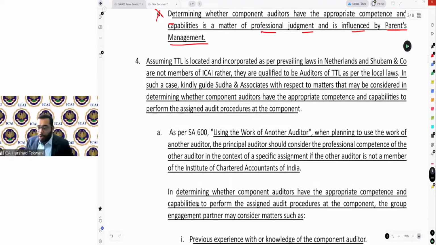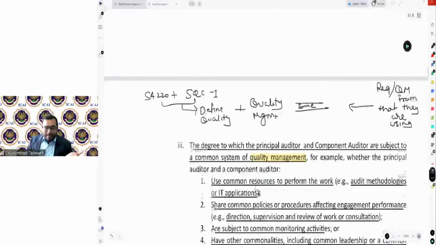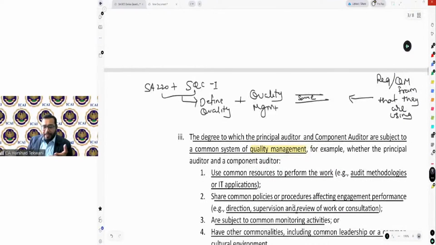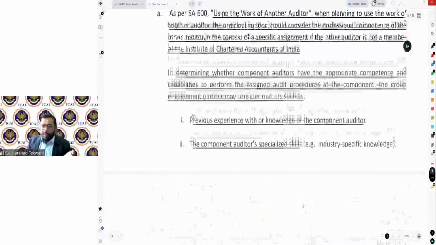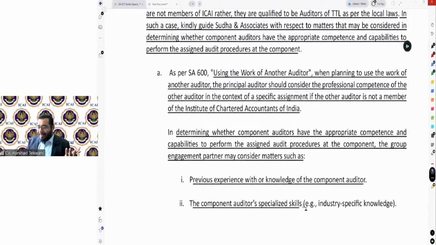Okay, good. So the question is how to understand these things, like what is the quality management over there, what are the common monitoring activities, policies, procedures, framework, audit methodology they are following in another country. How will I understand that? See, once the engagement starts, SA 600 allows the principal auditor to inquire certain things from the component.